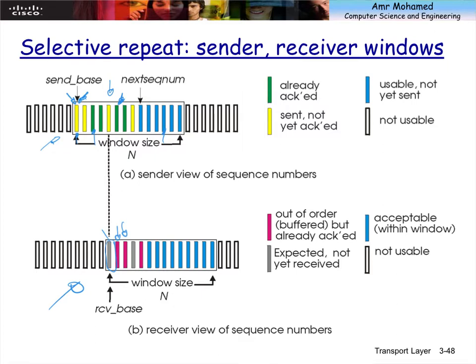Okay. Words. Here, this segment was not received. صح؟ This segment was received. And this segment was received. This segment was not received, and this segment was received. Okay? So now I received a retransmitted segment, and it happened to have this sequence number. What does this tell me?